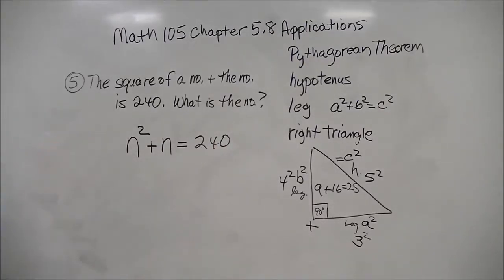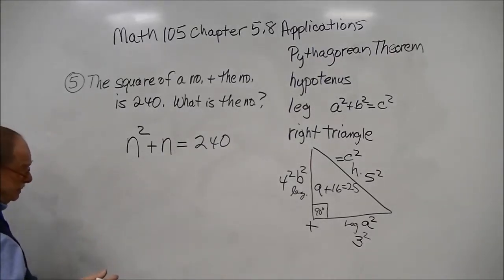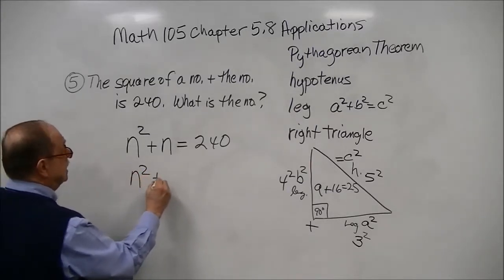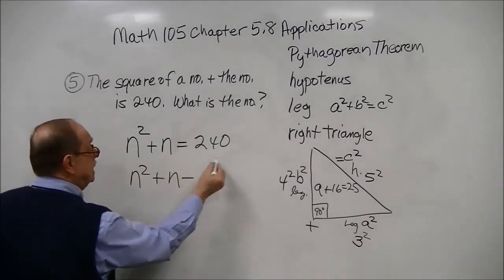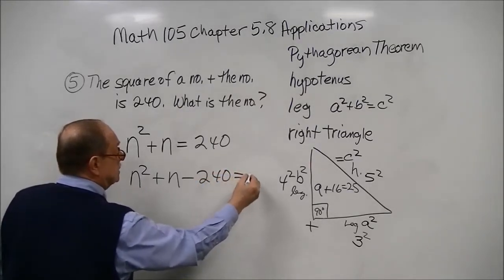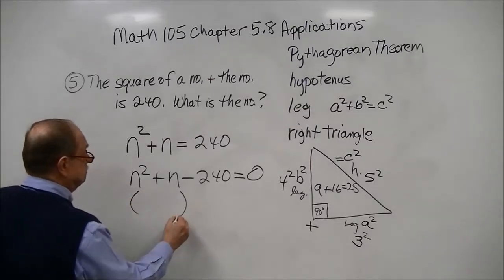So this is a quadratic equation, and the only way we know so far to solve quadratic equations is to put them in standard form. So that will be n squared plus n minus 240 equals 0. And the only way we know to solve it is to factor it.